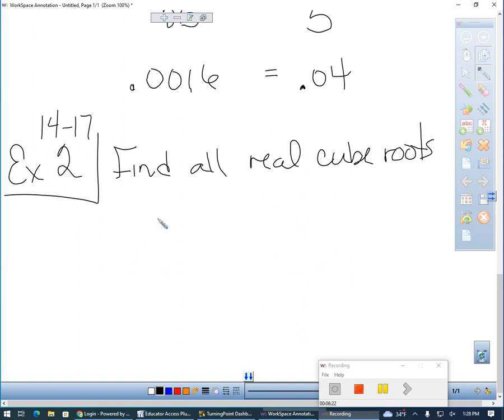So let's start off with 0.027. So if you do not know where the cube root is in your calculator, it is in math.